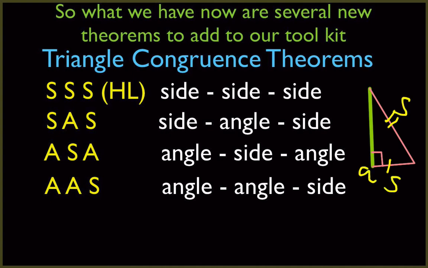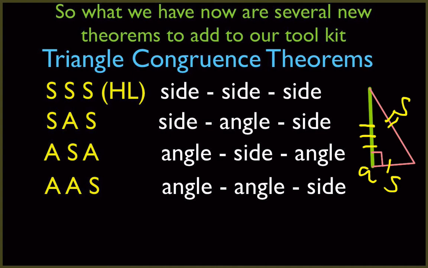Because it's a right triangle, every right triangle that has the same hypotenuse and the same leg will result in the same other leg. So it kind of ends up just being side, side, side. So really HL, hypotenuse leg, is a special version of side, side, side where you don't have to find the third side, because right triangles always have the same third side when two of the sides are the same, because they all fall under the Pythagorean theorem.